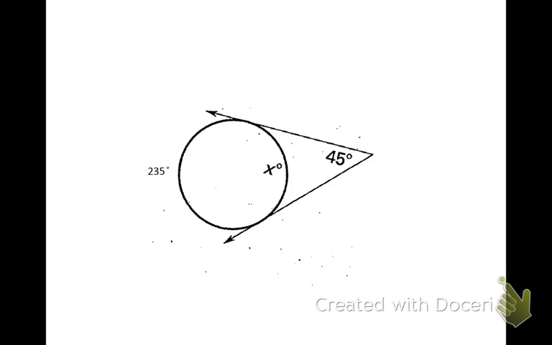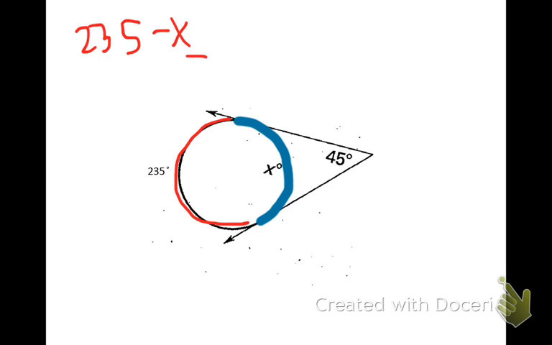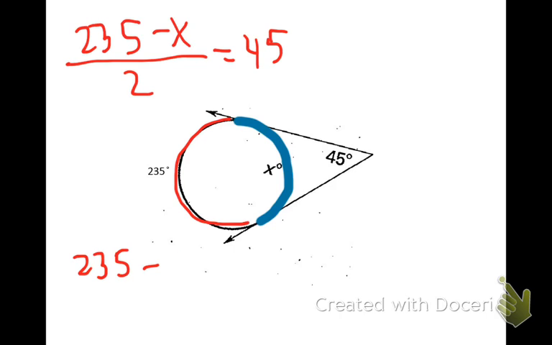So here's an example. Okay, we have 235, and then this is x, should equal 45. So we'd do 235 minus x divided by 2 equals 45, and then we'd solve, so that would be 235 minus x equals 90.